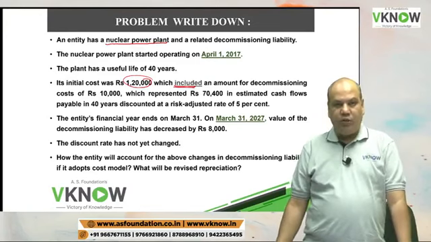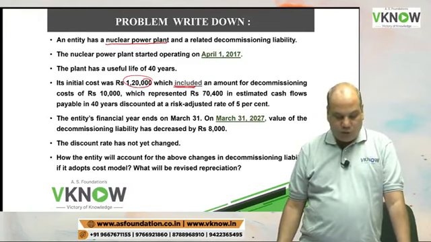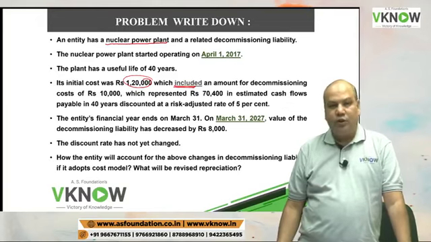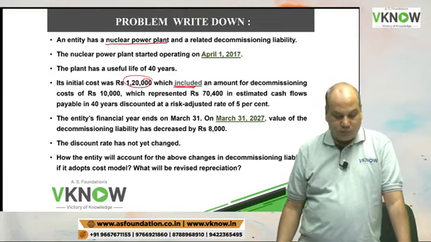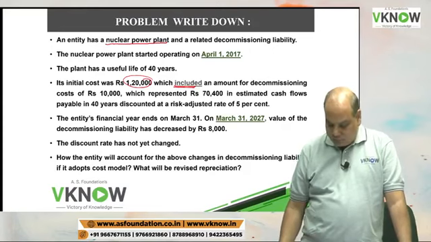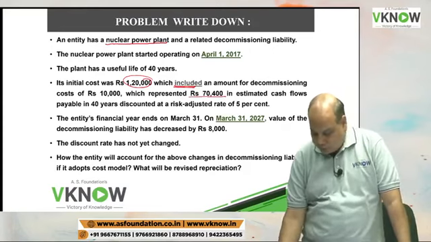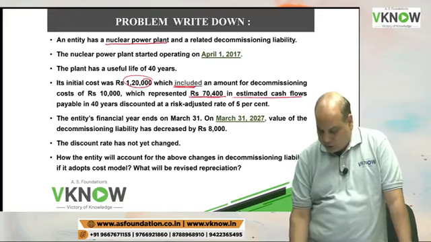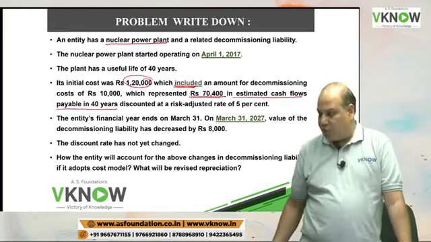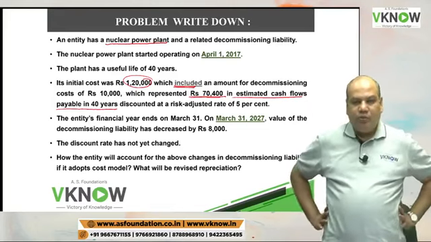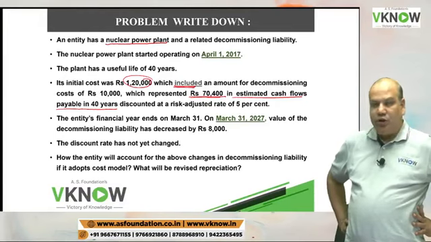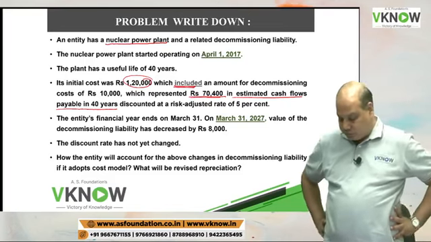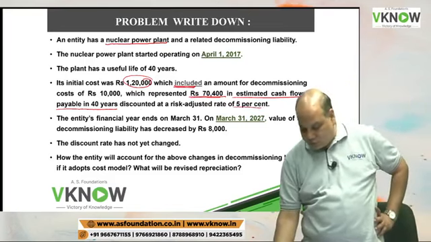It includes an amount for decommissioning cost of rupees 10,000, which represented rupees 70,400 in estimated cash flows payable in 40 years, discounted at a risk adjusted rate of 5%.